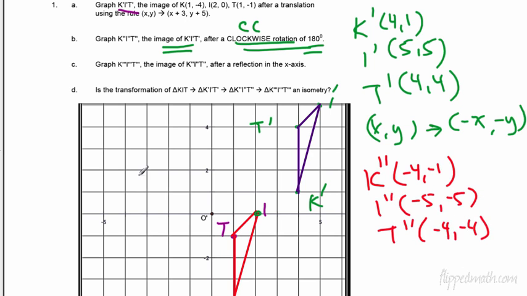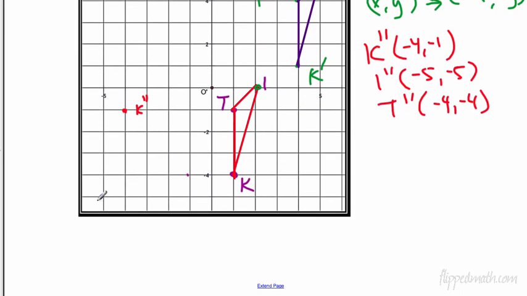I'm going to graph those on here. I'll use red because I used red before. So (-4, -1) is K double prime. And I, (-5, -5), comes all the way down. I double prime. And T is at (-4, -4).